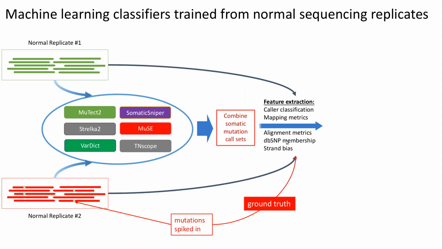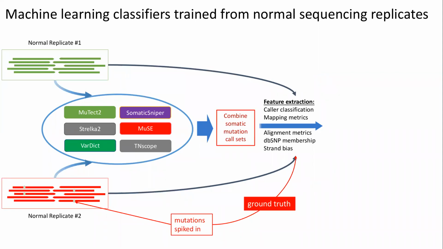Then based on each of their genomic and sequencing features, so for each variant call, each mutation call from this data set, we will extract, using SomaticSeq, things like: what's the caller classification? Did MuTect call it? Did MuSE call it? Did VarDict call it? That's a feature. What are the mapping metrics, right?